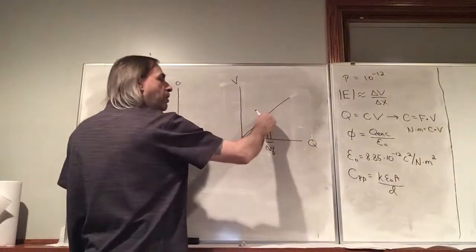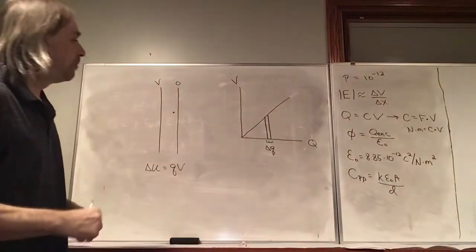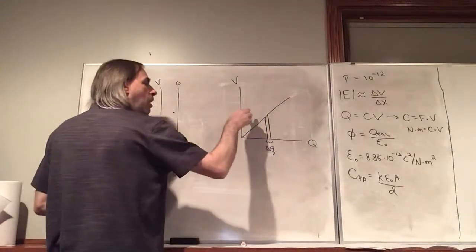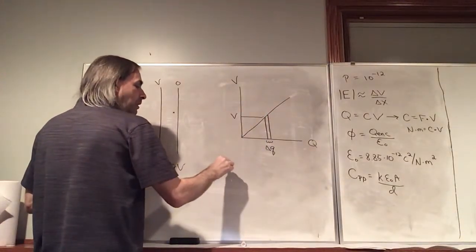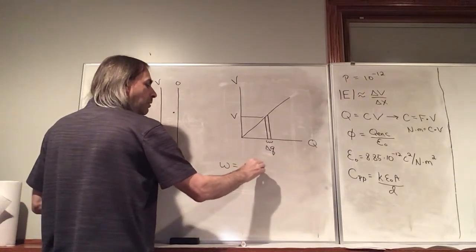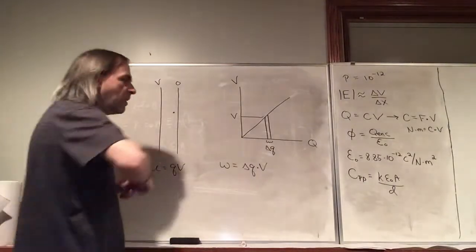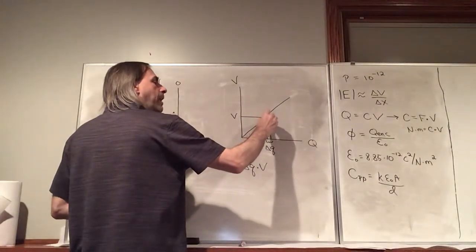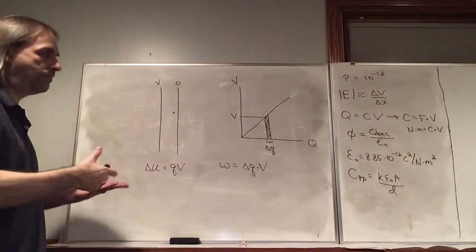If we pick a bigger charge, the voltage is going to change significantly as well. But if we make delta Q small, we can just say it's at a voltage V. So the work would be delta Q times V, which is basically the area of that rectangle there.